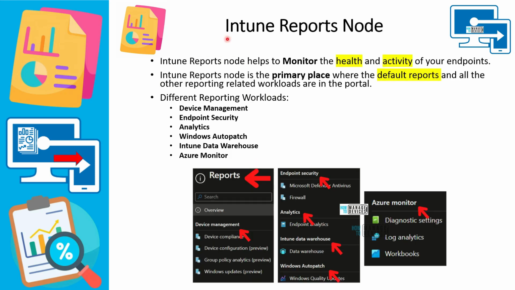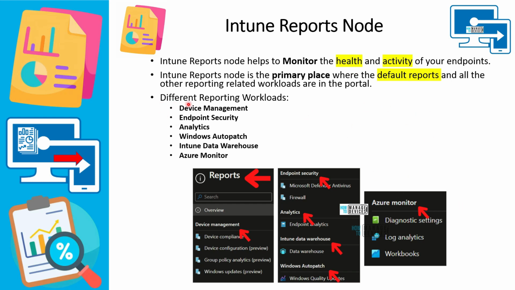Let's move on. Let's check the Intune Reports node. What does the Intune Reports node do? The Intune Reports node helps to monitor the health and activities of your endpoints. So this is the place where you can get a lot of default reports. This is the core node for Intune reporting. The Intune Reports node is the primary place where the default reports and all the other reporting related workloads are placed within the Intune portal.